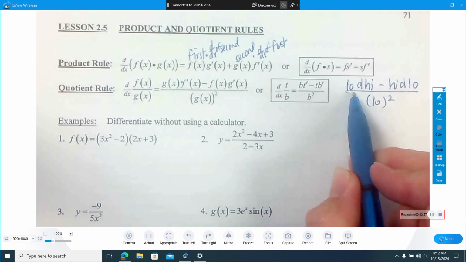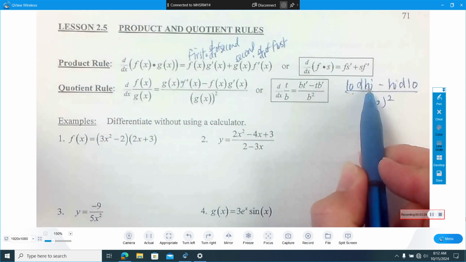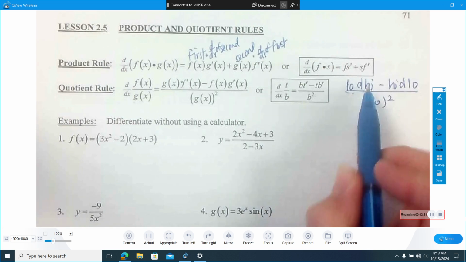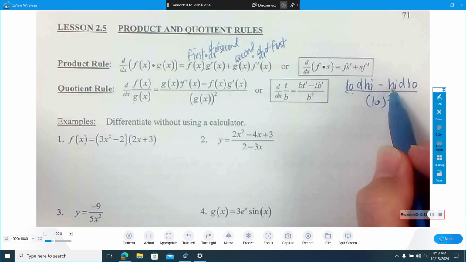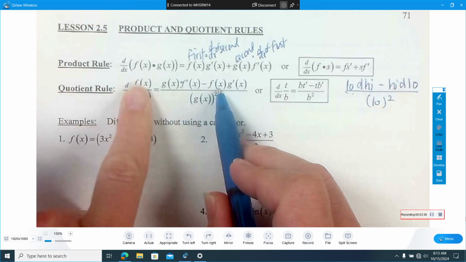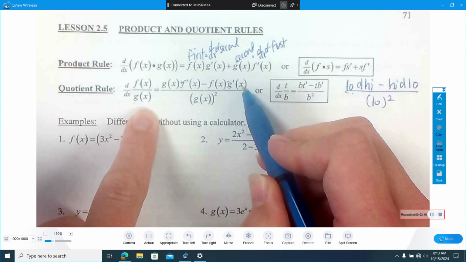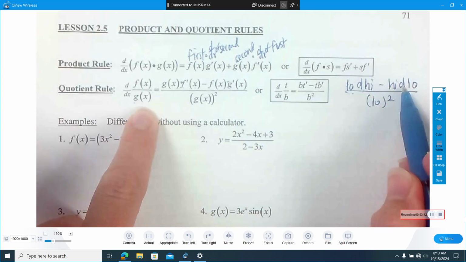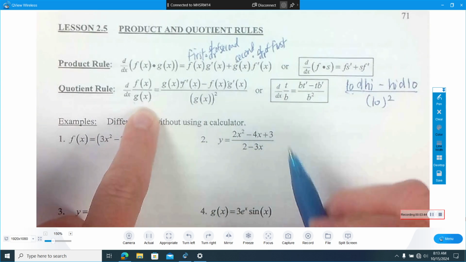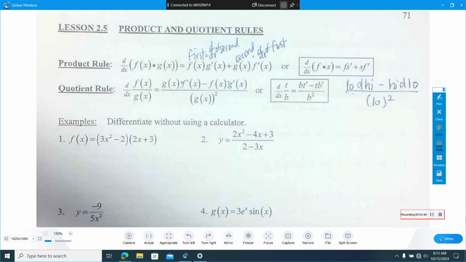So that would be the low d high, derivative of the high thing on top, okay? Minus the high thing, or the f function, the thing on top, times the derivative of the bottom function, high d low, so the derivative of the low thing. And then it's all over the denominator squared.